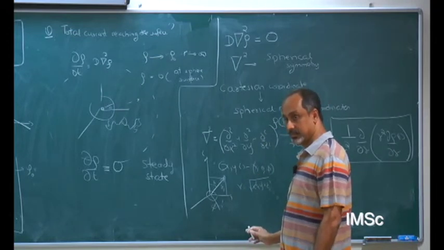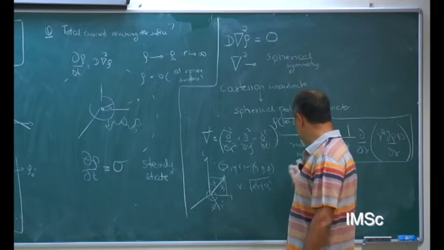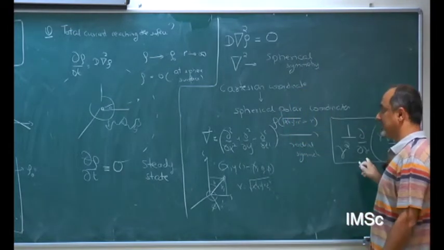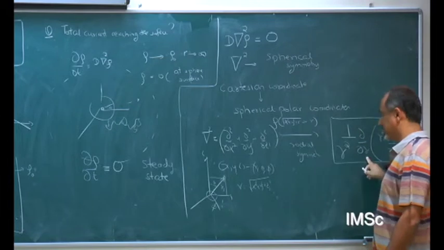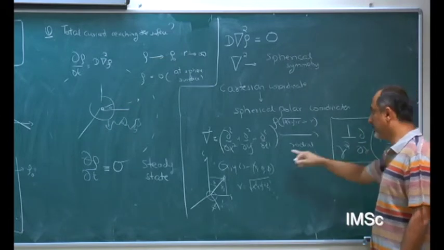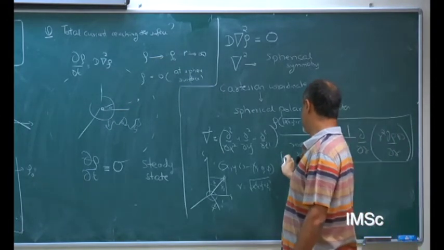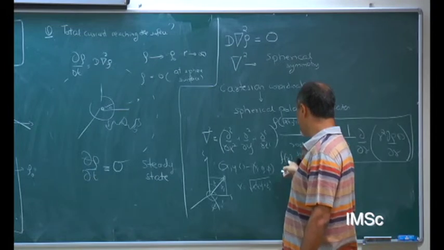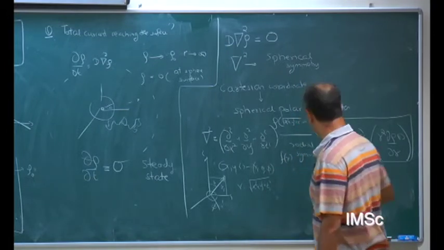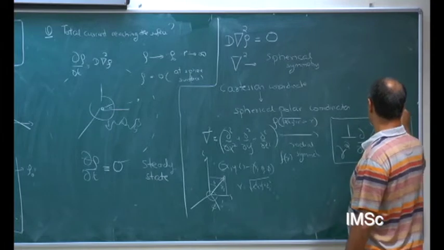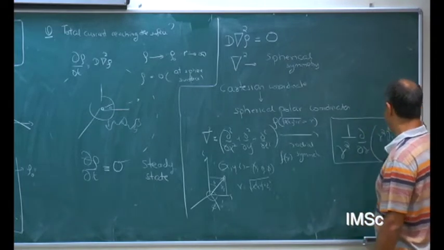It doesn't depend upon any other parts of the function, only upon this. So how did you do the transformation? I didn't show you the transformation, I just wrote down the final answer: if I operate this operator on a function that is only a function of r, that is the same as operating this simpler operator on the same function.